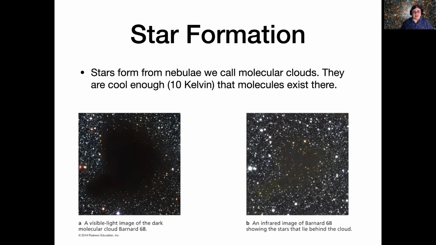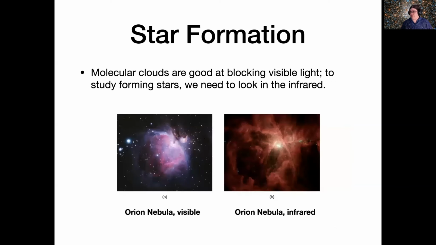They still look reddened, kind of making you imagine the cloud has kind of a reddish cast, even though it's mostly just black. That's actually the same process that makes our sun look reddened when it shines through our atmosphere. Makes the stars look reddened when they shine through a molecular cloud. So in general, a lot of studying star formation has to be done in the infrared, which may mean spacecraft or may mean certain things can be done from Earth.